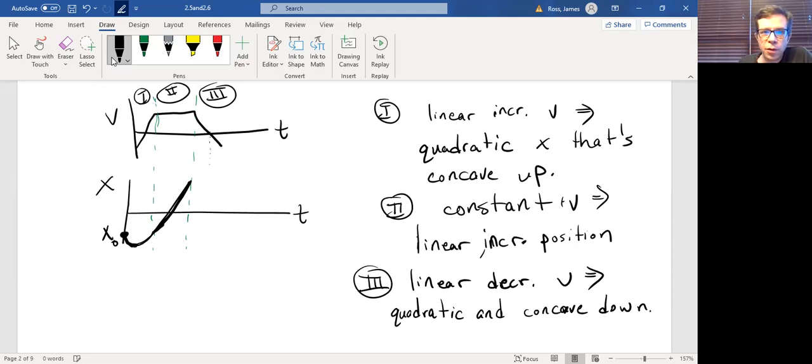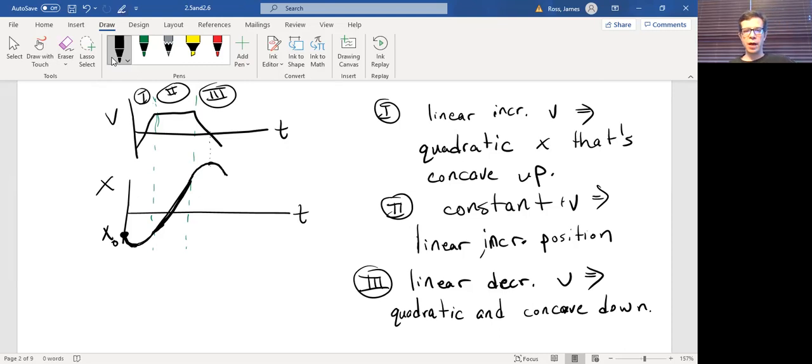So let me sketch in our 0 point there. And it's smooth, right? There are no jumps in our velocity curve. There are some hard corners here, but there's no discontinuity. So that means that our x graph should be smooth. So it's going to go up at that same speed, but that speed's going to slow down, slow down, slow down, hit 0, and then turn into negative speed values. So our slope's going to go down.